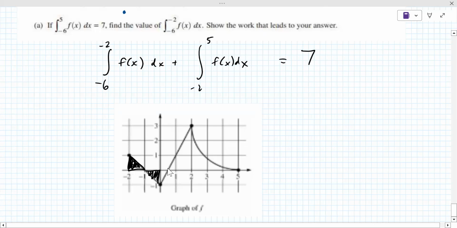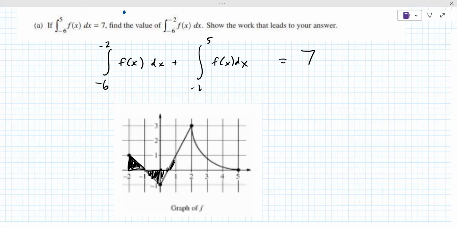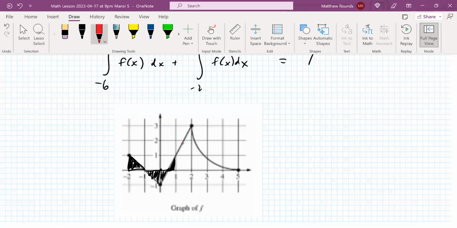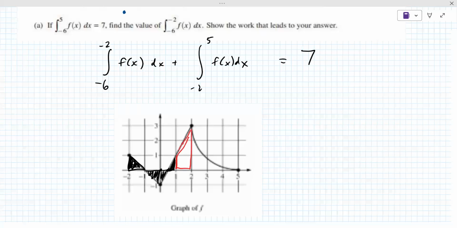It looks like it crosses at 0.5. So this does look like it cancels out with this here. And so you could just find the area of the red, which is a trapezoid or a trapezoid plus a triangle. You can start counting boxes, move this thing around. It ends up being 2. You just figure that out, that red area is 2.